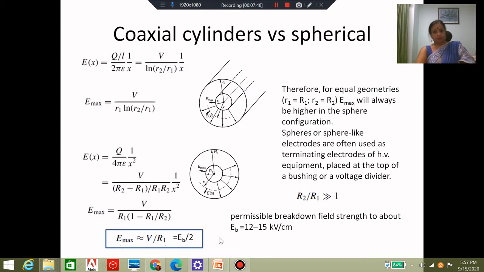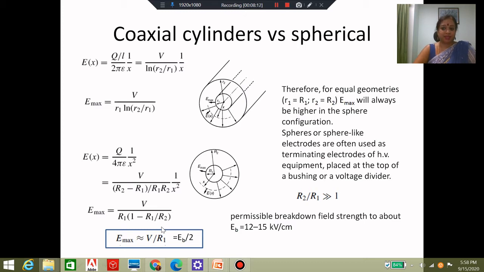Now, as I said, let us imagine that the insulating medium is air. In that case, the maximum electric field is obtained at the surface of the inner conductor, and this can be obtained as V by R1 approximately, since we have assumed R2 to be much larger than R1.